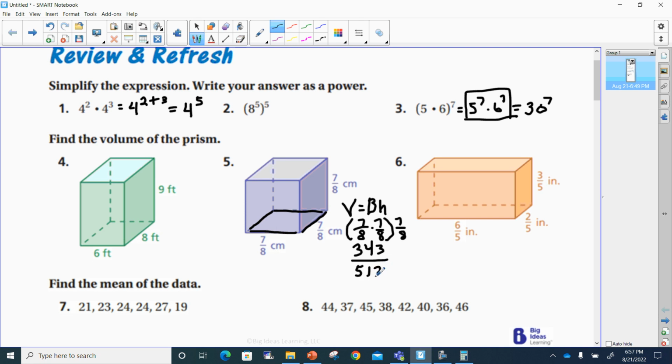And that's our answer as a fraction. We could also say that this was equal to 7 over 8 to the third power. And since this is in centimeters, it would be centimeters cubed for volume. That should give you enough information to learn how to do number 6.